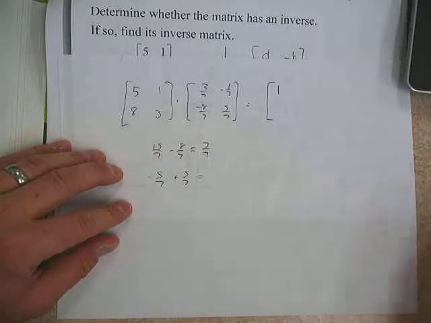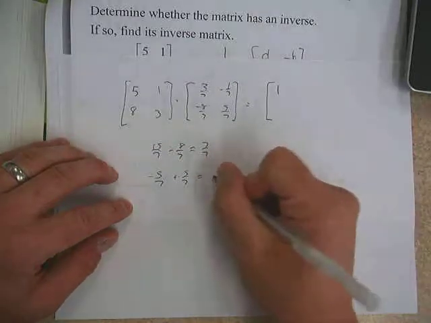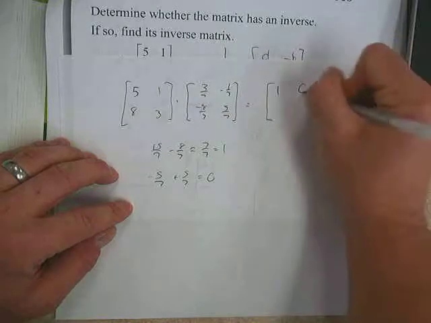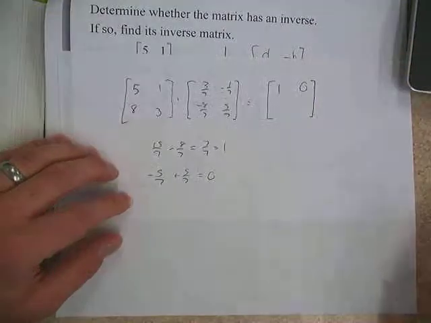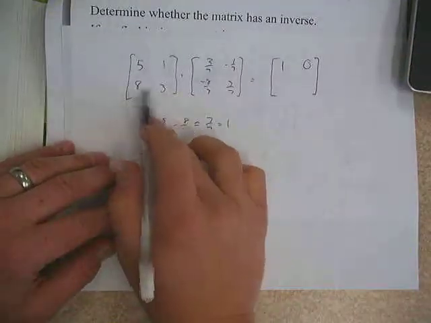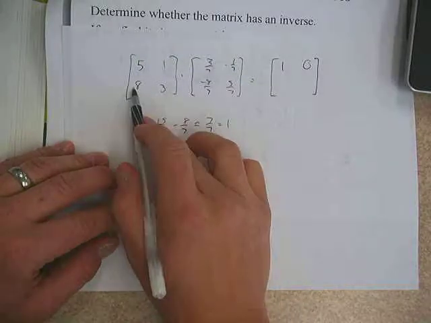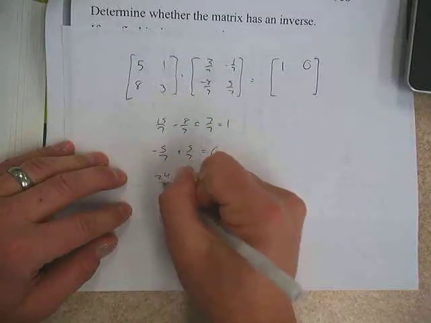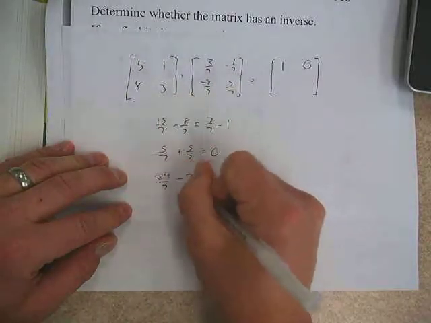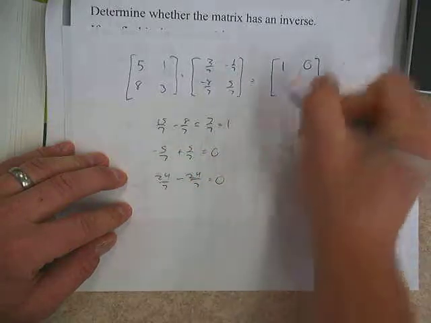If I do first row, second column, 5 times negative 1/7 is negative 5/7. 1 times 5/7 is 5/7. And those two together make 0, which is good. So far, so good.